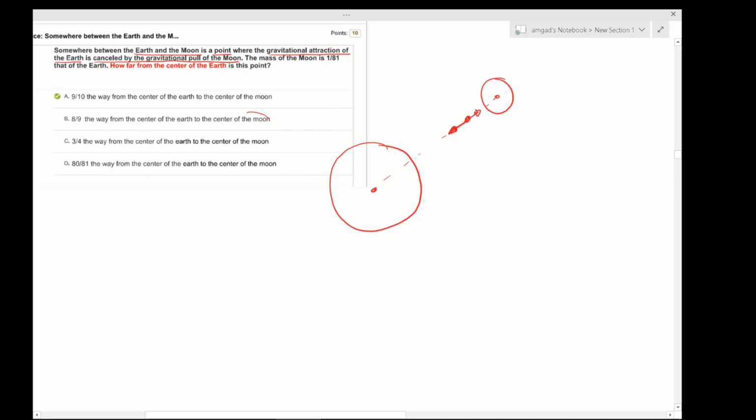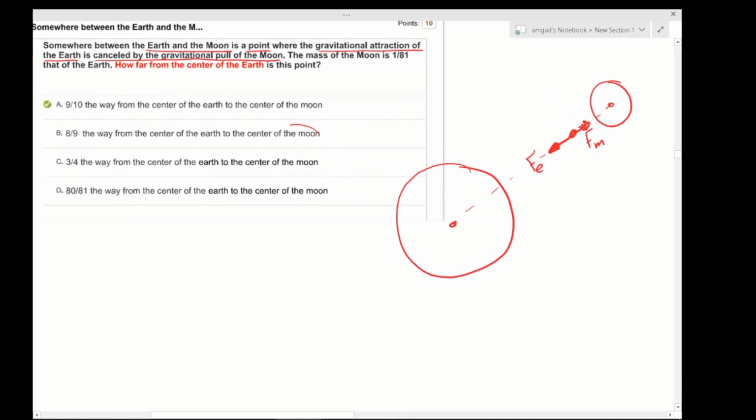The gravitational force of the Earth equals the gravitational force of the Moon. That's what he said: the gravitational attraction of the Earth is cancelled by the gravitational pull of the Moon. So the two forces are equal at this point.